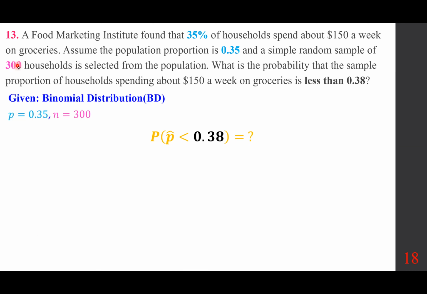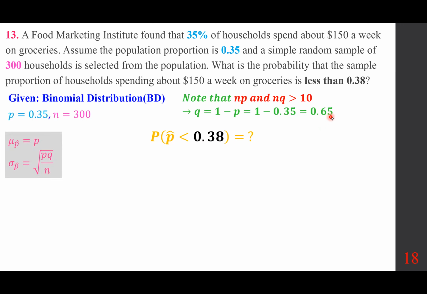So what are we looking for? We are looking for the probability that P hat is less than 0.38. What is the probability that the sample proportion, P hat, of households spending about $150 a week is less than 0.38? That's what we are looking for. So let's do the following. NP and NQ are large. How large? They are larger than 10, obviously, and Q is 1 minus P, which is 0.65.